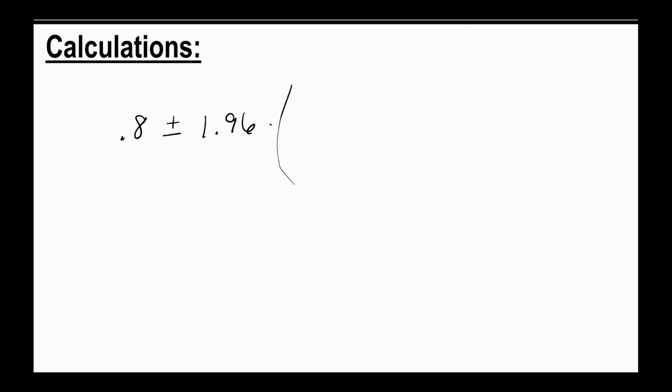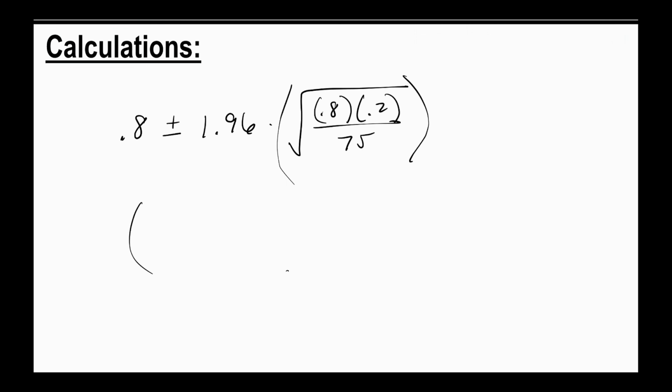And then we have to use the same formula we've used before. What was it? 0.8 times 0.2 over 75, square root. That'll give us our interval. Wait, plus or minus? Both. Oh, we're always going to use both? It's always going to be both.